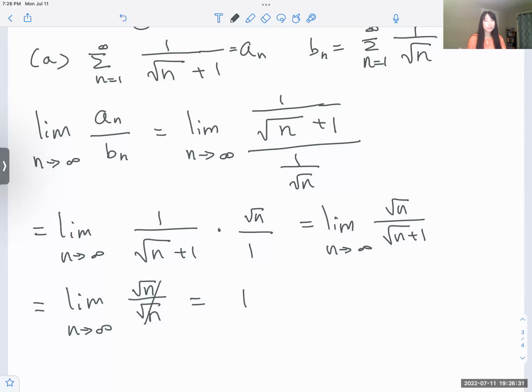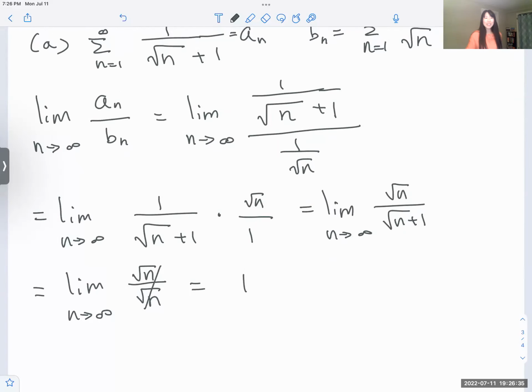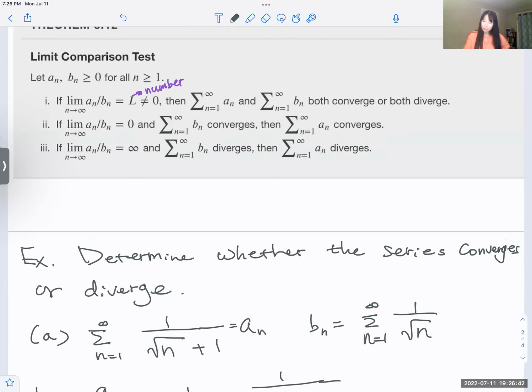One. Yeah, it's just one. Okay, so this is some number, right? Some number. This is not telling us whether it converges or diverges. Okay, we have to determine.